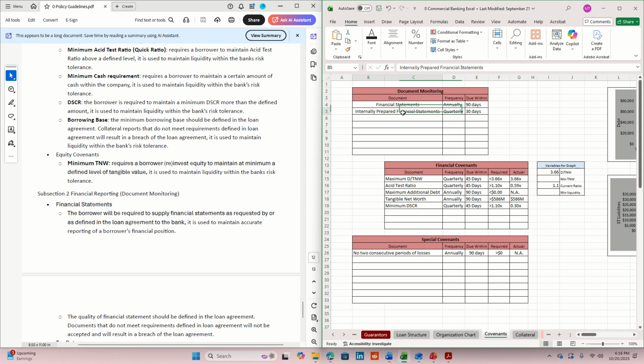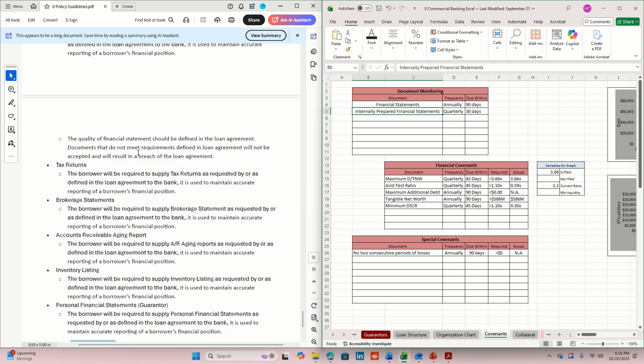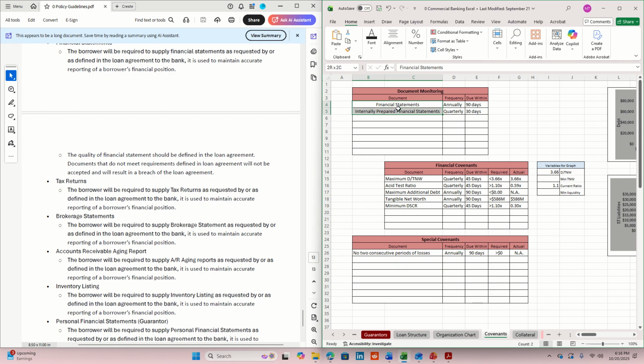Annually, 90 days. Good. Internally prepared financial statements. We already have it. I want everyone to keep these two in there. Now you can change the days that you want them. You can change that to 45 days so that you can get it when you get everything else, or you can leave it at 30 days. It doesn't make a difference to me.